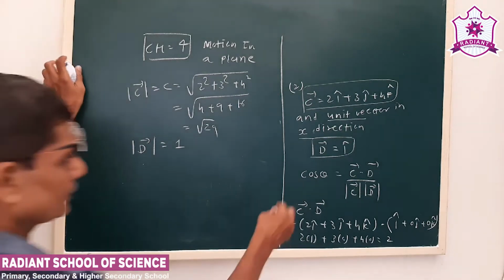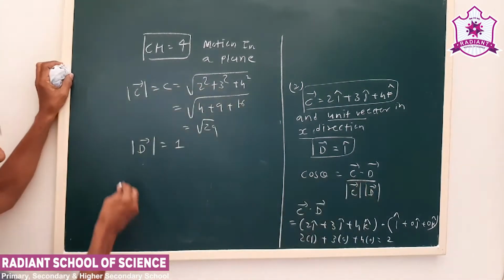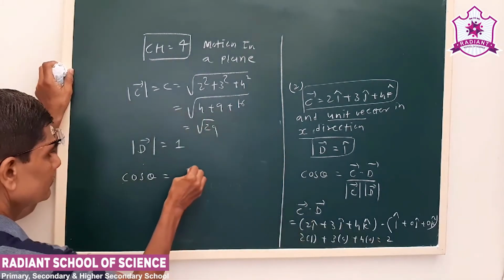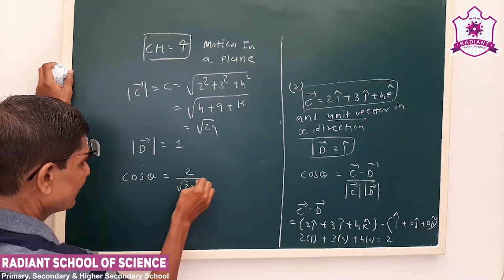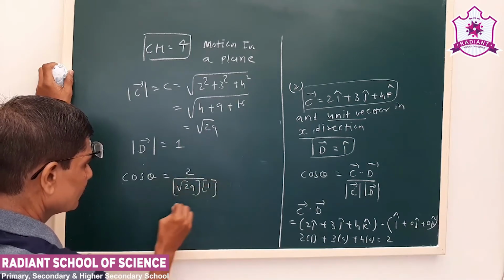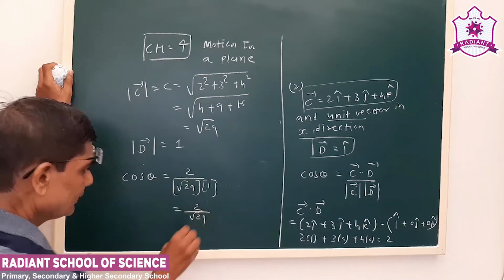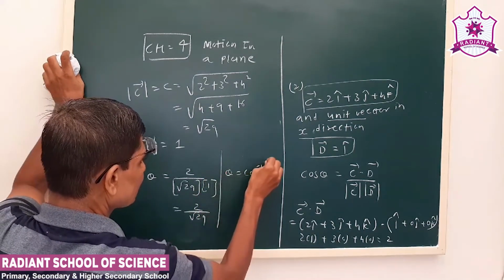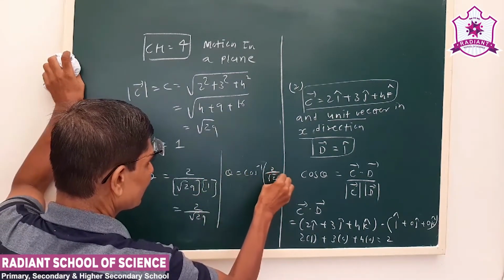Now if I substitute in this formula, cos theta is C dot D upon CD. C dot D we have obtained as 2. This is root 29 and 1. So 2 upon root 29. So theta is cos inverse of 2 upon root 29.